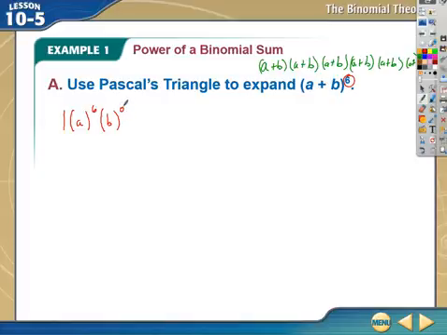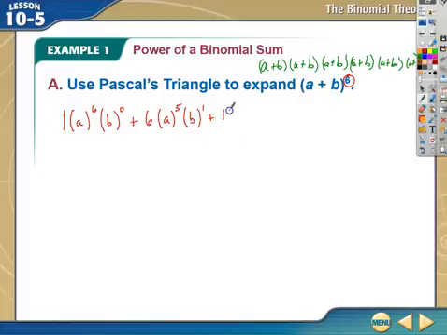And I do plus, and I do the same thing. What's the next number in Pascal's triangle in that row? 6. And then I take a, and this time I'm going to reduce this power by 1. It's going to be a pattern. B, I gain that pattern by 1. And then I do the same thing.